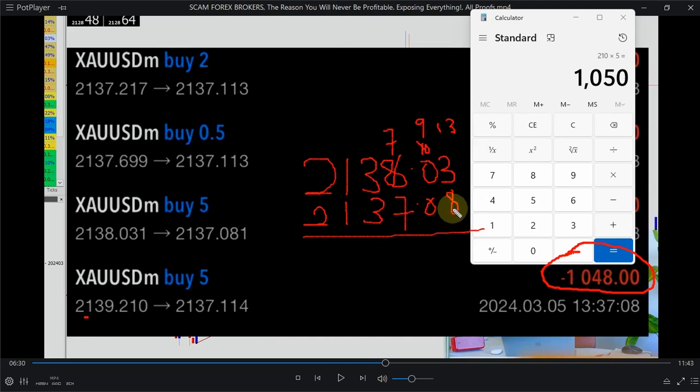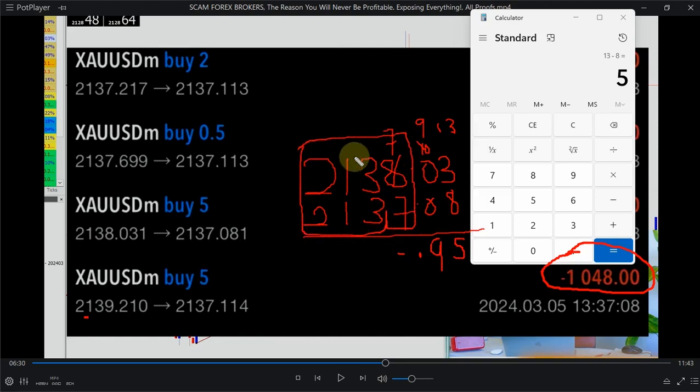So when I subtract 8 from 13, what am I going to have? That is 5. So here I have 5. Here I have 9. So I'm going to bring that down. Here is 7, here is 7. So nothing here. Only have the dot here. Here we have the same thing. So nothing's going to happen here.